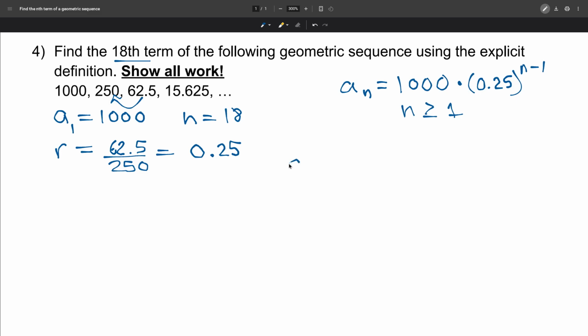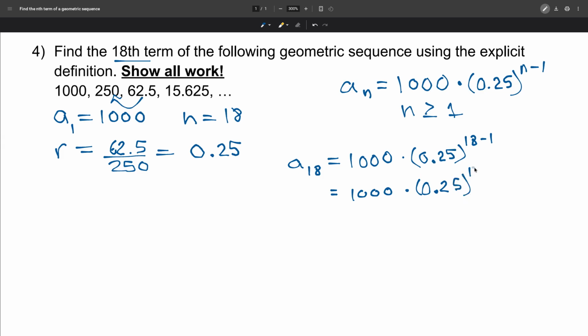All right, so to find the 18th term, we'll say a sub 18 equals 1,000 times 0.25 to the 18 minus 1 power. So that's going to be 1,000 times 0.25 to the 17th power.